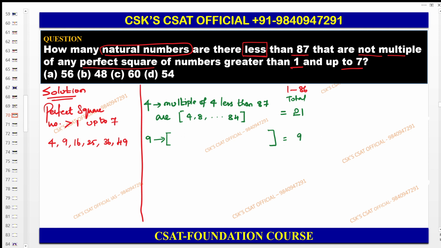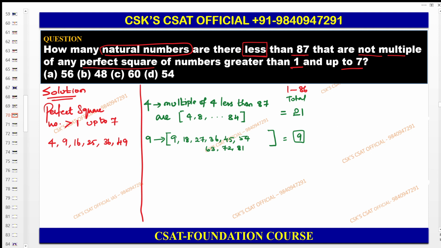Let me say 9 is perfectly correct, but what are the 9 tables here? 9, 18, 27, 36, 45, then 54, then as well as 63, then 72, 81 is there. So 9 numbers are there. Now listen carefully. When you included those numbers in the 4 table, you should not include them in the 9 table. That we have to subtract, or else it will lead to double counting.